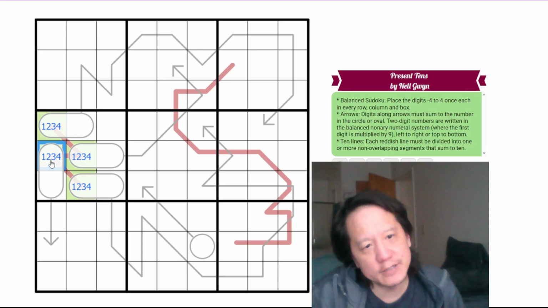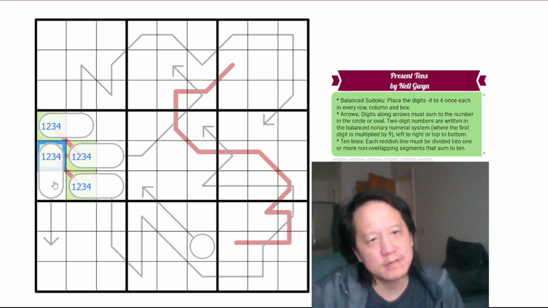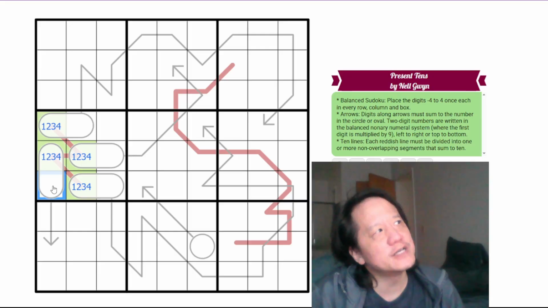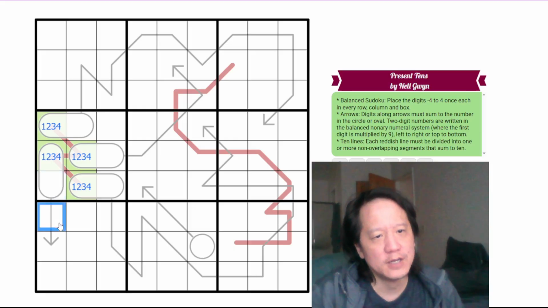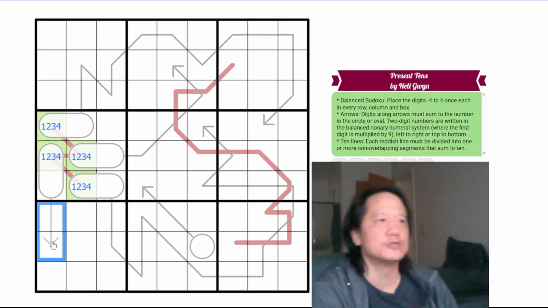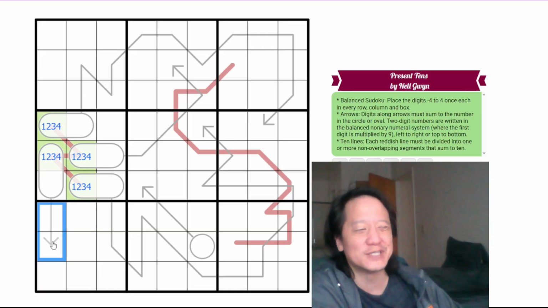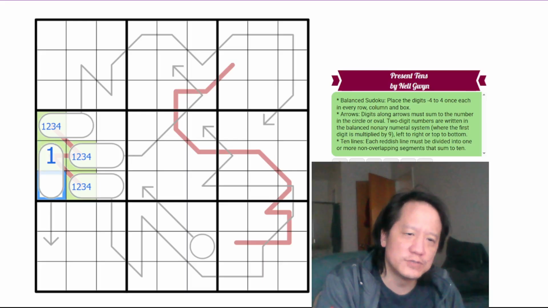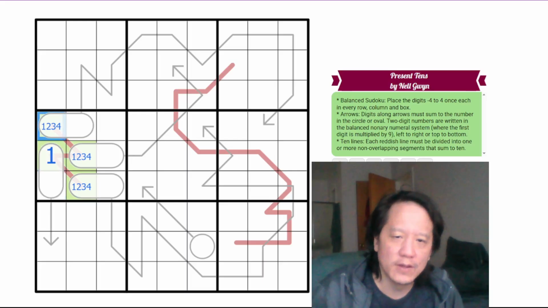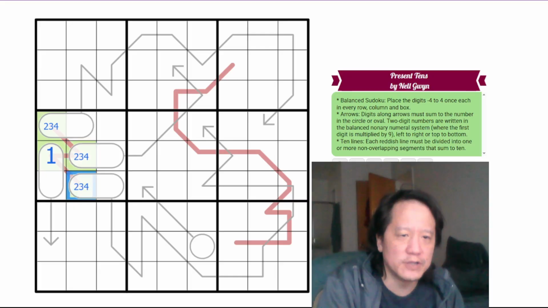So say you had 2 times 9 and a negative digit, 2 times negative 4 at most. 2 times 9 is 18 plus a negative 4, which would be 14. But 2 digits in balanced Sudoku can only add up to at most 7. So this can never be 2 or higher. This has to be a 1. So this is 1, which eliminates 1 here, 1 here, 1 here.